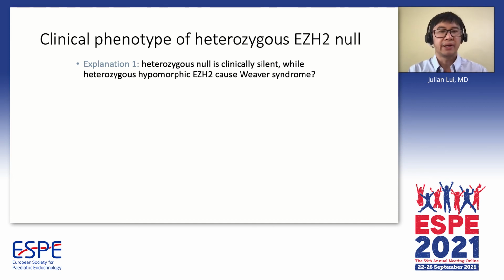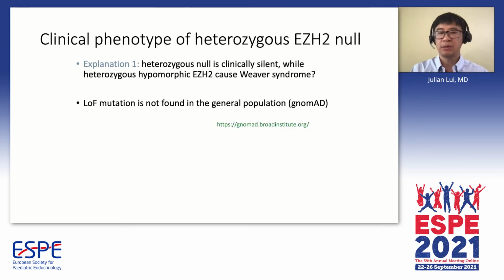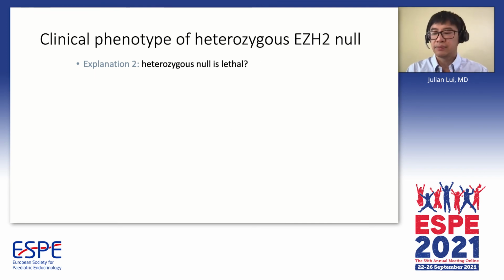We thought about that. One possibility is that the heterozygous EZH2 null mutation is clinically silent. But that's unlikely because when we look in the general population, loss of function EZH2 mutation is extremely rare, suggesting there's a strong evolutionary selection against it.